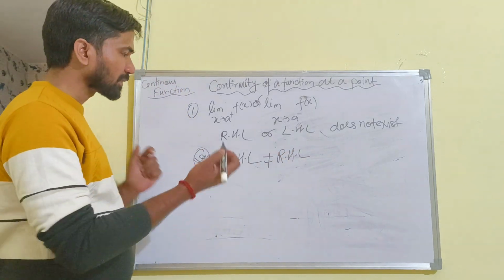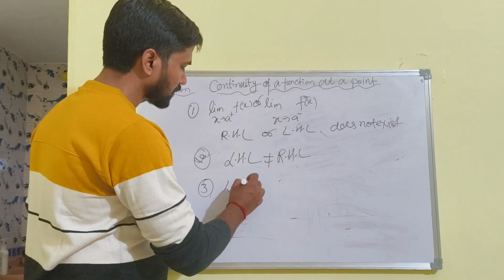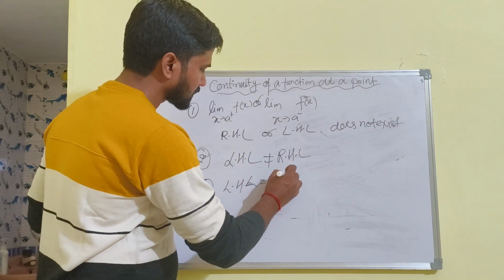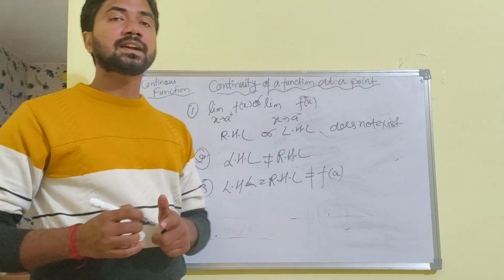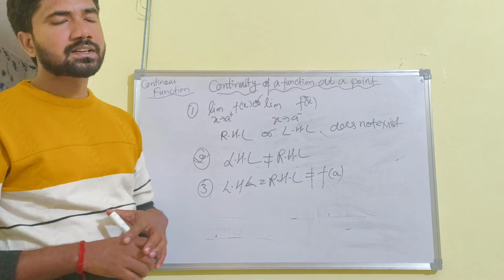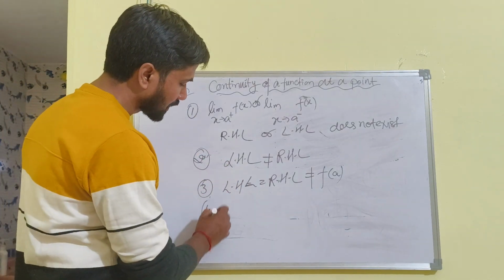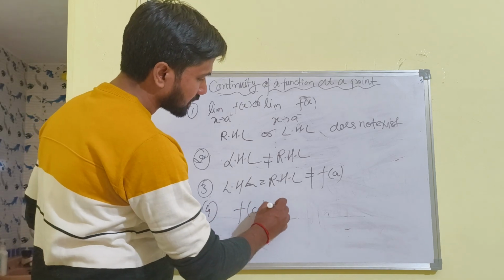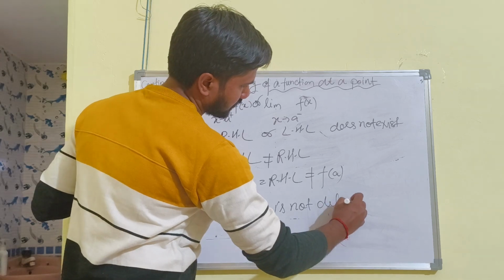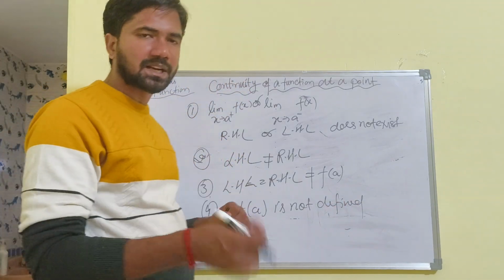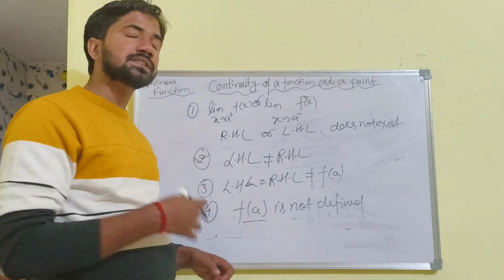Next, what can it be? Third, the left hand limit equals the right hand limit but is not equal to the value of the function. At that time we say the function is discontinuous. Next, fourth case: the value of the function f is not defined, meaning the left hand limit and right hand limit conditions are satisfied, but f is not defined.